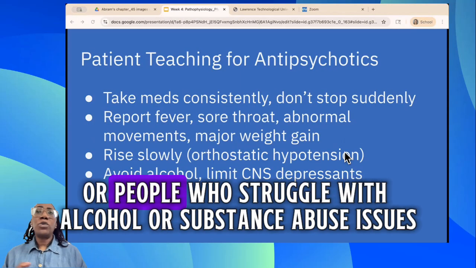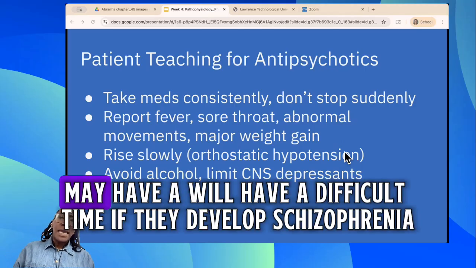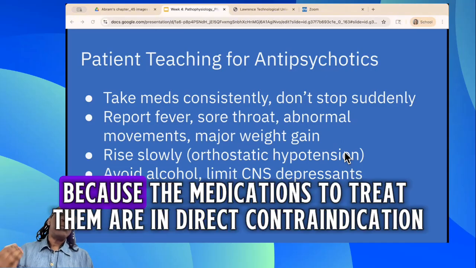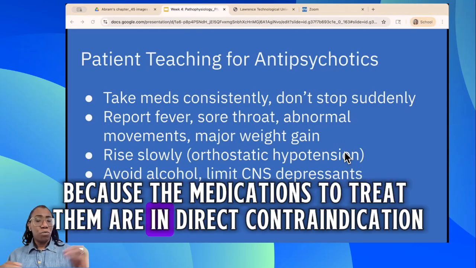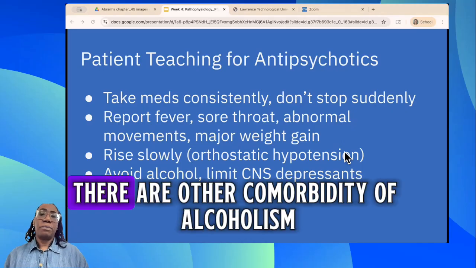Alcoholics or people who struggle with alcohol or substance abuse issues will have a difficult time if they develop schizophrenia, right? Because the medications to treat them are in direct contraindication with their other comorbidity of alcoholism.